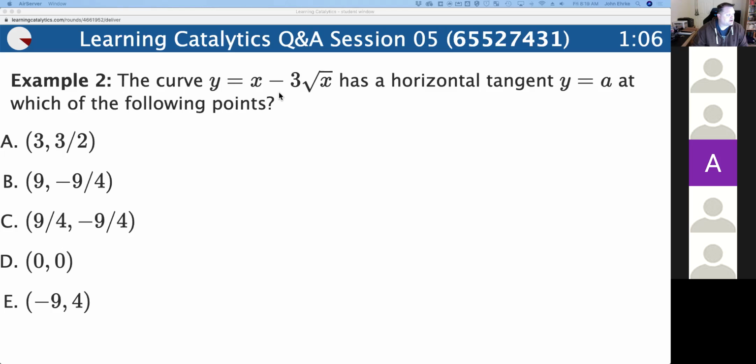So where does this function have a horizontal tangent? This means where does this function have a slope of 0? That's what I'm asking you. Horizontal means slope of 0. Where does this function have a slope of 0?